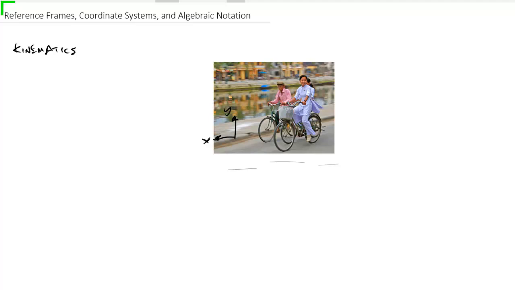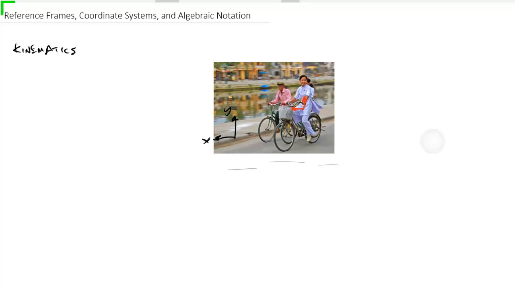If I were instead to place a coordinate system on this girl in blue, then within this coordinate system she would have no velocity, because the coordinate system itself is moving with her.